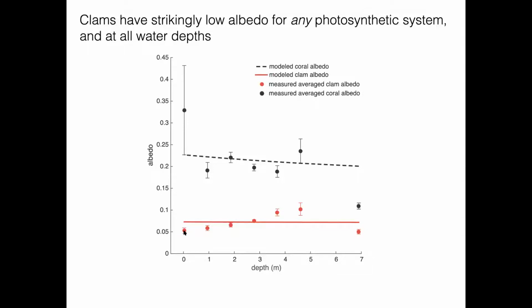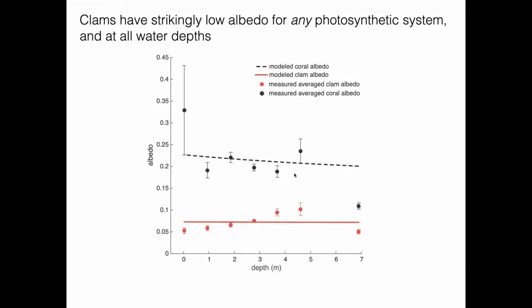And so here, this zero depth is centimeters of water depth at 7 degrees latitude on coral reefs. So these clams are being blasted with light at flux near the solar constant, and yet they are only rejecting around 5% of it. And they actually absorb less as you go deeper and the light gets less intense, which was peculiar.